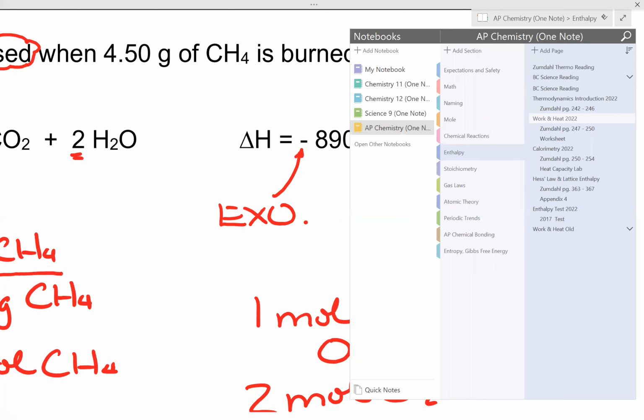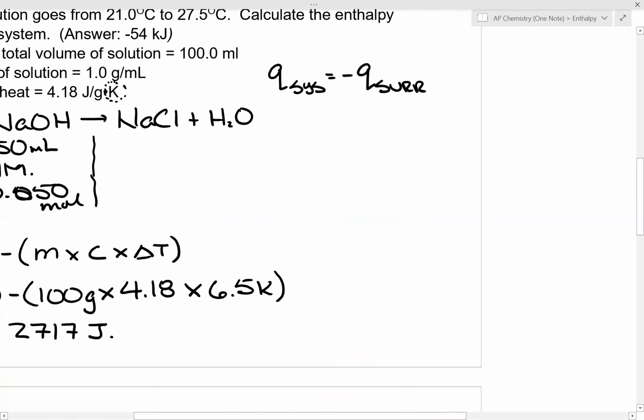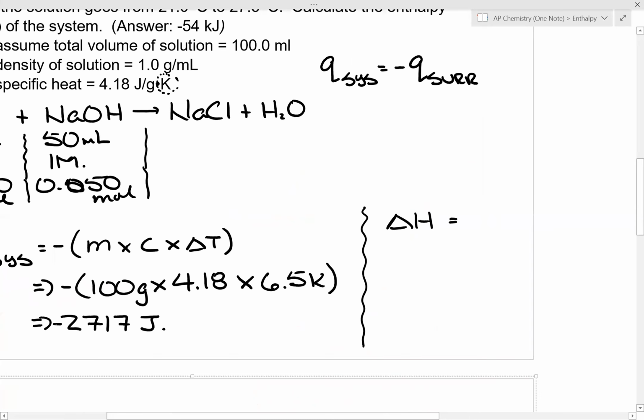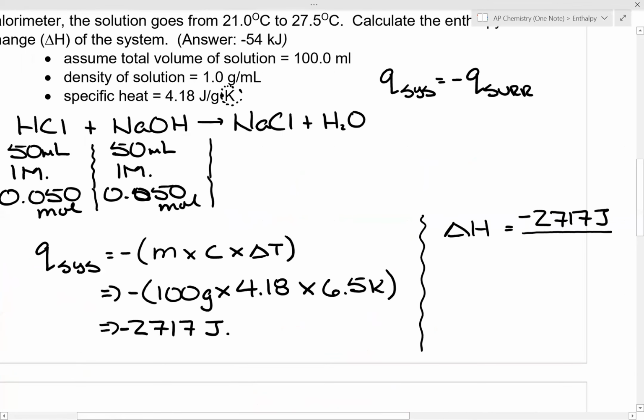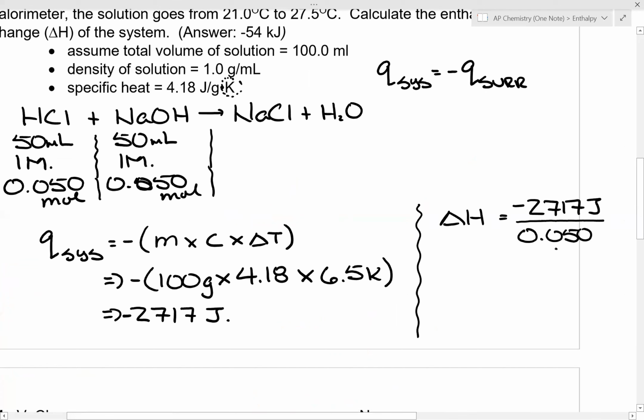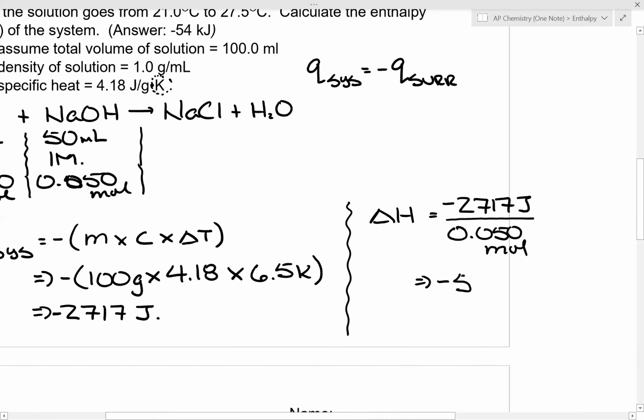So in this particular scenario, the second part, for delta H, I would use, whoopsie, I forgot the negative here, negative 2717 joules divided by the moles of reaction used, in this case, 0.050 moles. And that would give me an answer of negative 54340 joules.